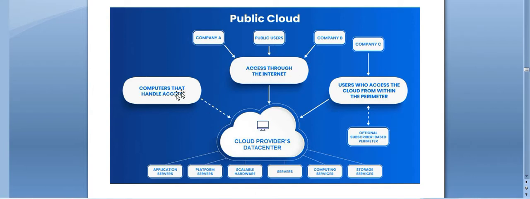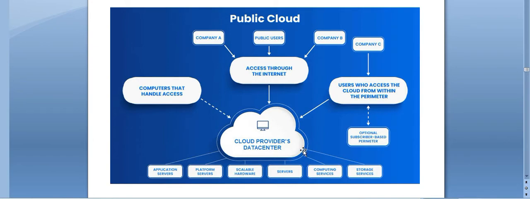Okay, so company A, company B, a number of companies are there who are accessing that public cloud, users who access the cloud from within the perimeter, some optional subscriber based perimeters are there. So here it provides the application server, platform server, scalable hardware, servers, computing servers, and storage services.